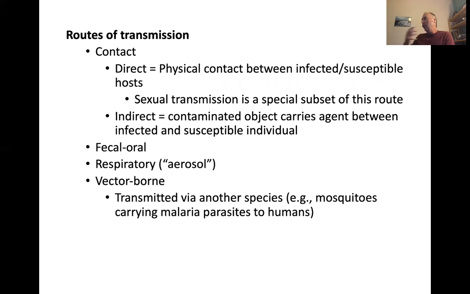Well, sure, coughing on your hand and then using it to open a doorknob, and then somebody else comes along and opens that same doorknob, or a faucet in a bathroom or something. So there are lots of examples of indirect transmission. It's something we worry about a bit for COVID-19. This is why hygiene is particularly important, but it's not the major route of transmission.